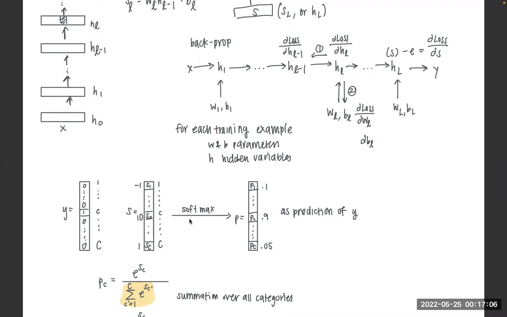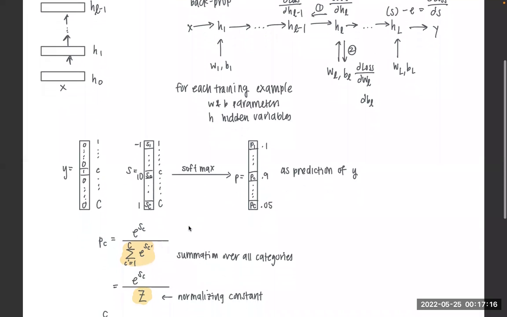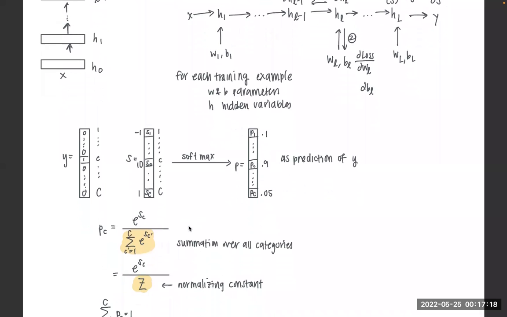In regression, even if our output is a continuous vector, we can still use Euclidean distance, right? But for classification, we need a more careful treatment. So that's what we want to study next.